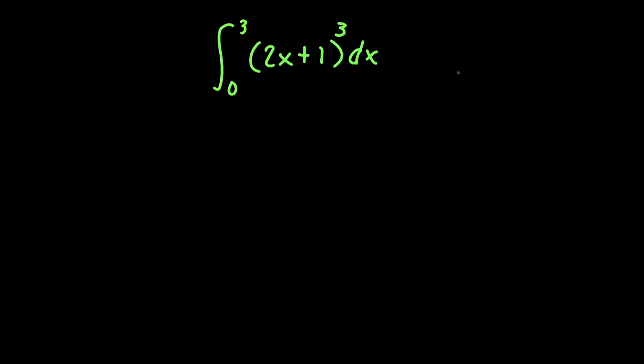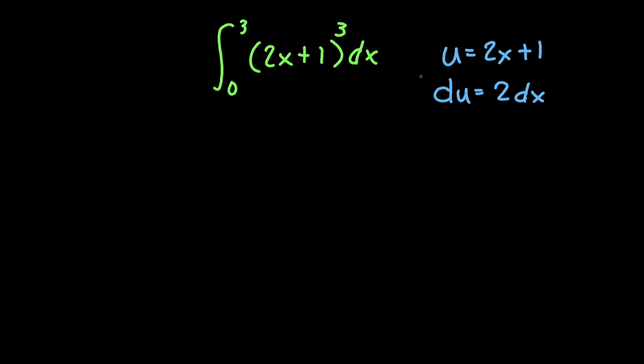So let u here be 2x plus 1, and let us take its derivative. So this would be du equal to the derivative of 2x would be 2, and the derivative of 1 is 0, and multiply this by dx.